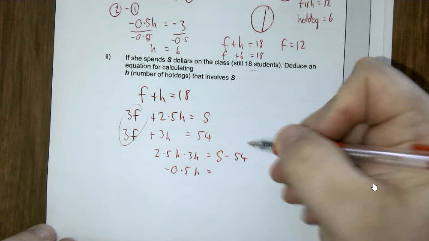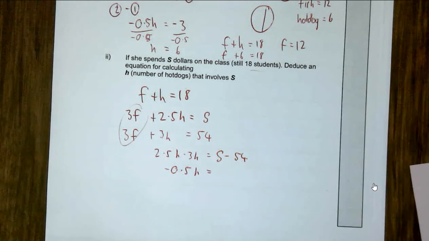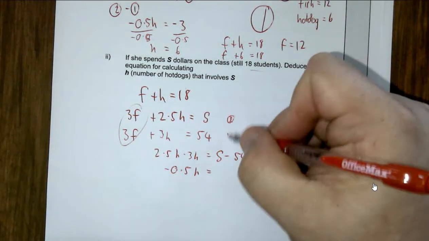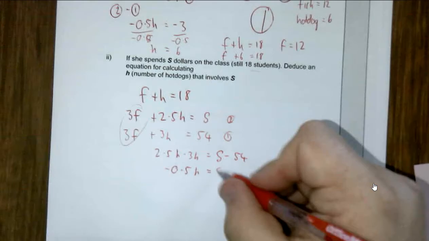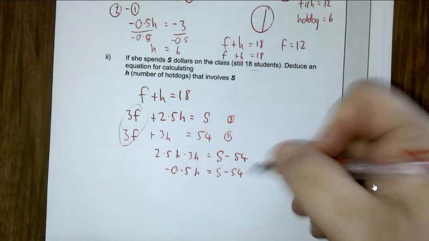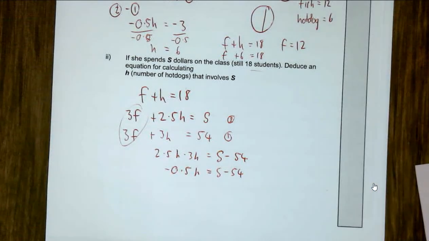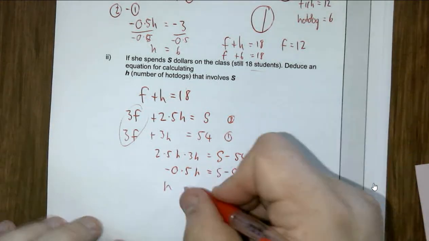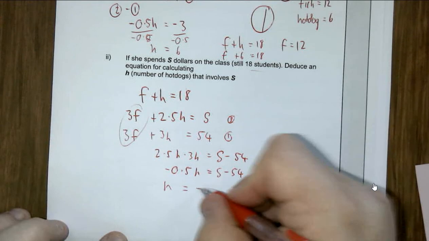Okay, so I'm just going equation 2 minus equation 1. Dividing by negative a half is the same as multiplying by negative 2, right? Divide by half is the same as multiplying by 2. So I'm going to divide both sides by negative a half, which is the same as multiplying by negative 2.